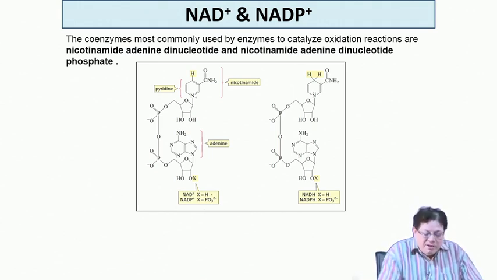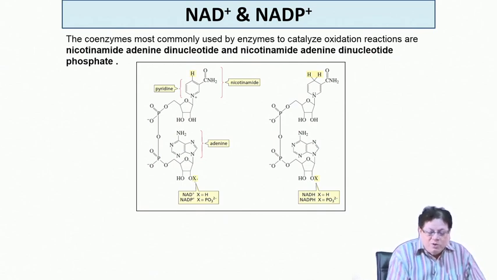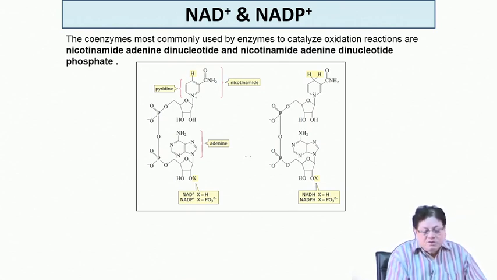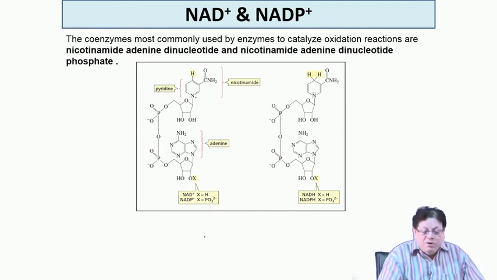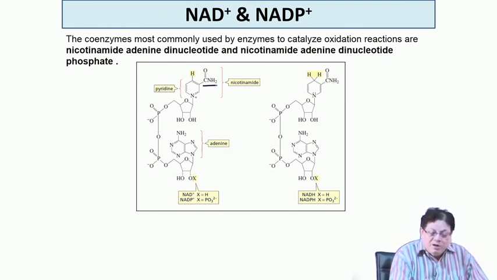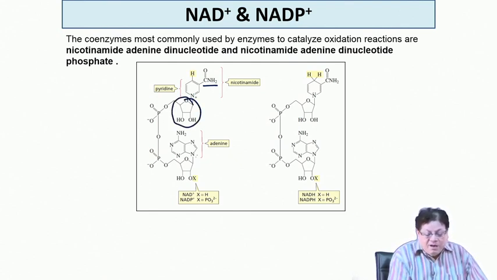So, what are these? The structure is again quite complicated, but the vitamin form is actually nicotinic acid. Nicotinic acid is pyridine 3 carboxylic acid. This is the coenzyme form. So, nicotinic acid is converted to nicotinamide, and then this is the ribose, then you have the pyrophosphate, and then again you have ribose, and that is attached to adenine.